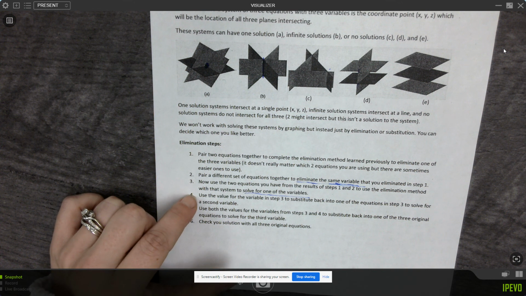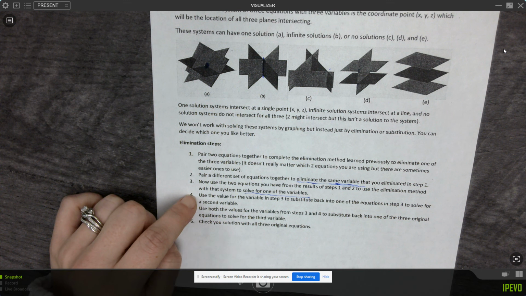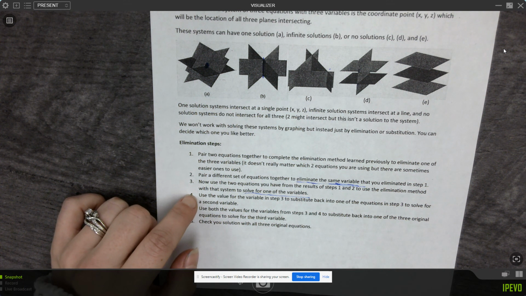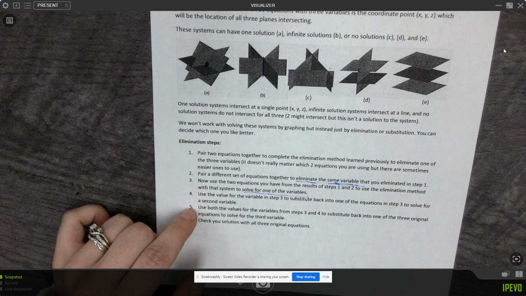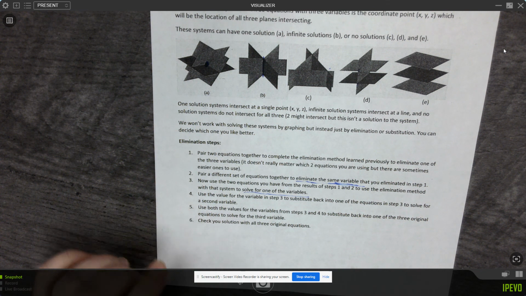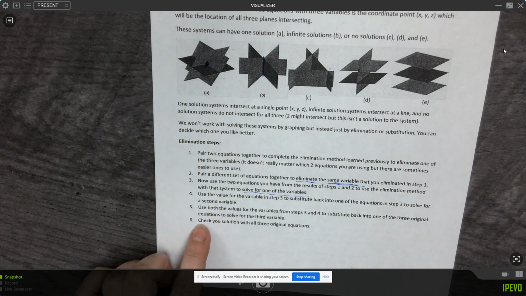Plug that variable in so you can solve for that other variable in the 2 variable equation. So now you have the solution to 2 of your variables. Now use both of those to plug back into one of the original equations to solve for your 3rd. Now you should have all 3. And I will show you how you can check them if you want to be able to do that.